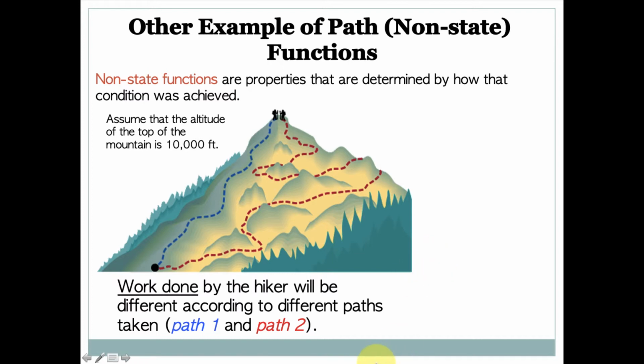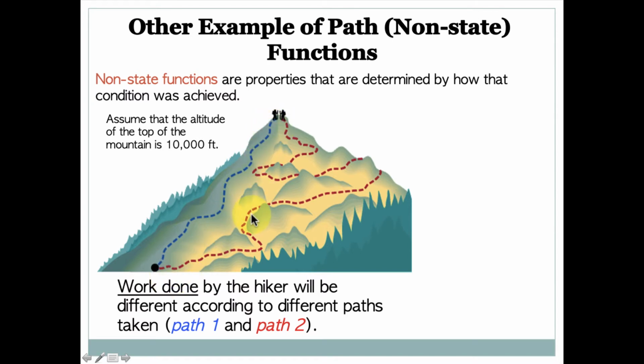Now, we can then take this back to thermodynamics. It turns out that there are functions in thermodynamic properties whose value doesn't depend on the path that the system takes to get from the initial to the final state.